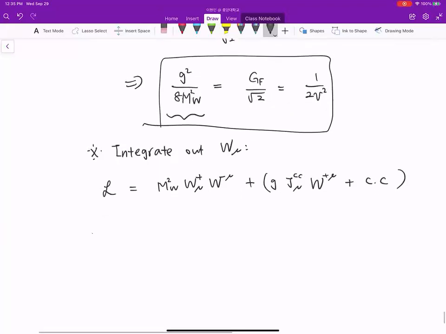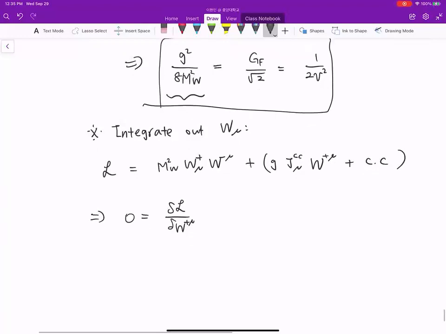Integrating out means you consider the equation of motion for the W boson without the kinetic term.